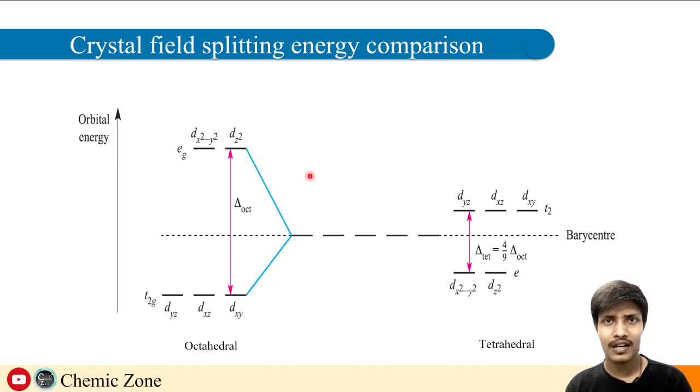So they get less repulsion, and as a result their splitting also is less. So this splitting energy is greater and this splitting energy is lesser. Here is the relation: delta tetrahedral is equal to 4 by 9 delta octahedral. That means delta octahedral has greater splitting energy.